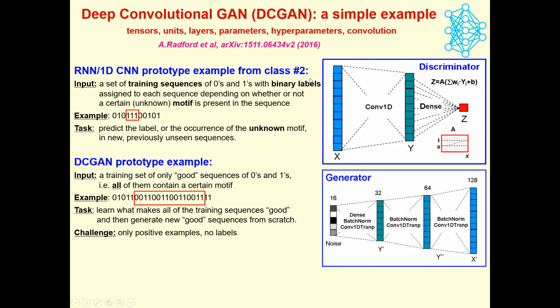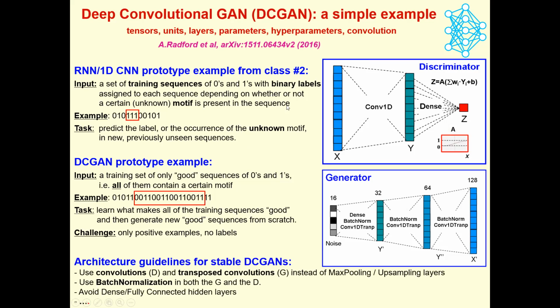The two networks shown here are examples of the deep convolutional network, DC-GAN. The term DC-GAN was introduced in this paper, and this paper provides a number of guidelines for generation of good, stable, good quality generative adversarial networks. The guidelines include using convolutions and transposed convolutions in the discriminator, which we did, and transposed convolutions in the generator, instead of max pooling or upsampling layers.